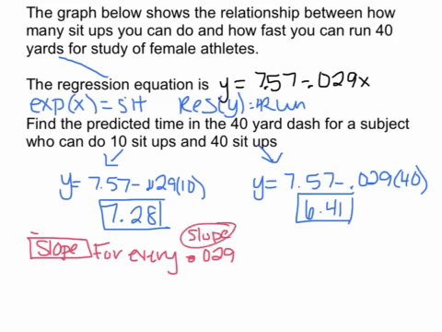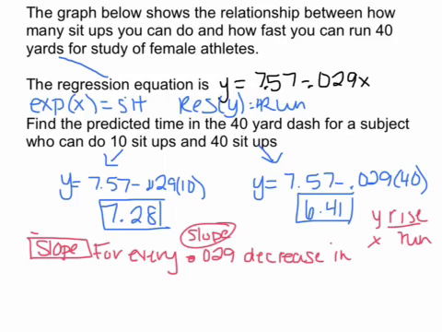Now, if you weren't given prompts, you would have to tell if the slope is positive, it's increasing, if it's negative, it's decreasing. So in this problem, it already wrote the decrease for you. So it's a decrease in response. Another way to look at it: slope is rise over run, which is the y over the x. So the y is going to come first.